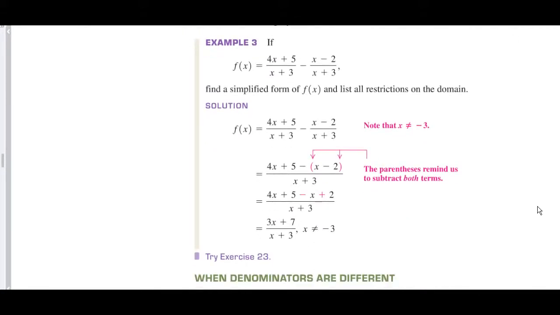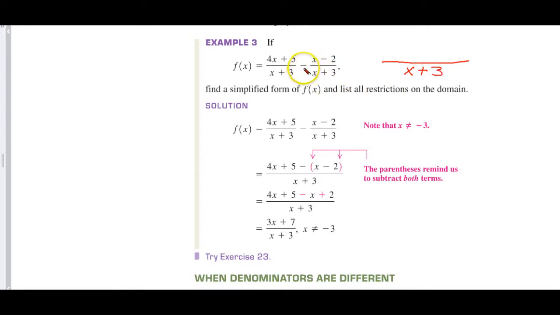Now, in example 3, here's where you need to be a little more cautious, and you're subtracting. Again, you may want to develop a strategy, so I'll work with you on this one a little bit. We have a common denominator, which is x plus 3.